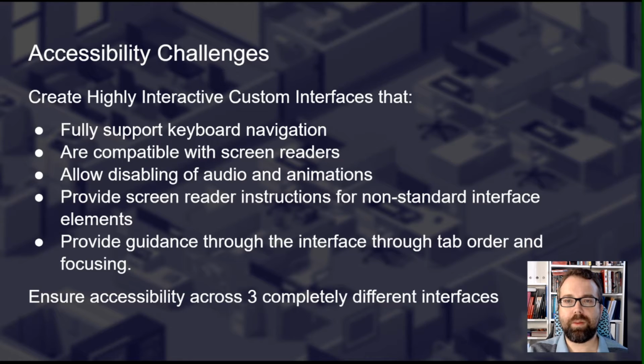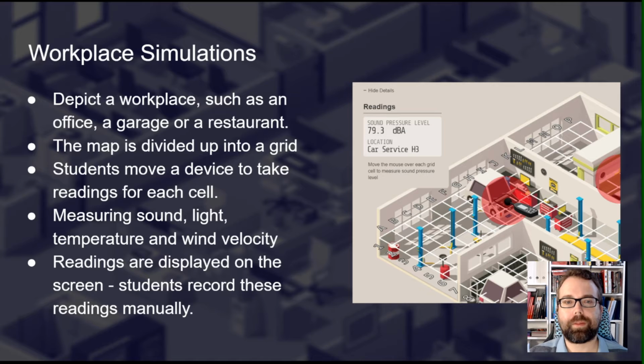And we need to provide instructions via the screen reader for any non-standard interface elements. We also need to provide guidance through the interface through tab order and focus order to help students complete the lab activity. And the final point is that we had to do this across 3 completely different interfaces that were developed to serve the purposes of the labs.